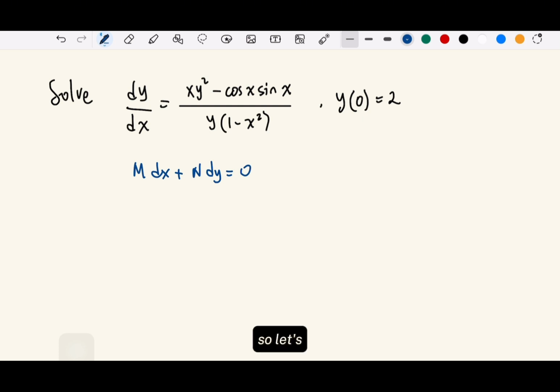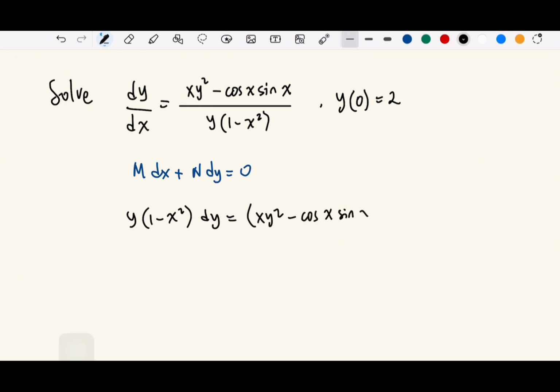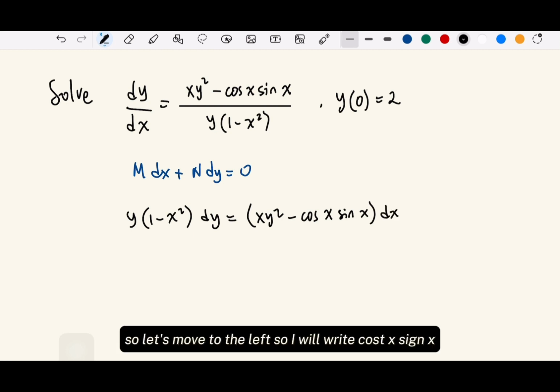So let's do that. So y, this is dy, and then this will be dx. Okay. So let's move to the left.